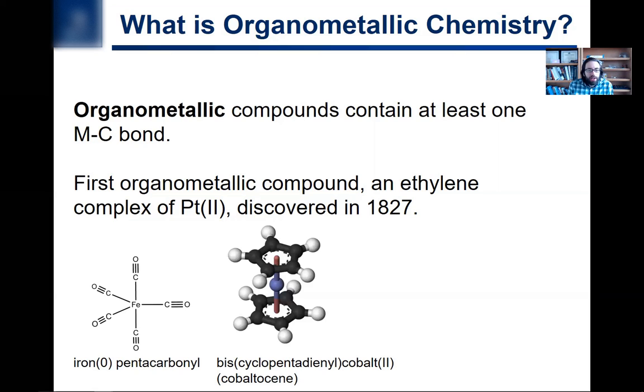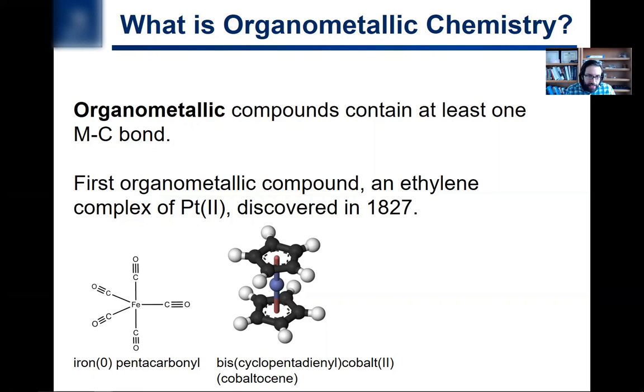Because you have a lot of organic type ligands, you can see these cyclopentadienyl ligands, that's an aromatic group on there. Clearly that by itself, without the cobalt coordinated to it, would be considered a pure organic compound, just carbon and hydrogen, C5H5 minus. The first organometallic compound was an ethylene complex of platinum discovered in 1827.